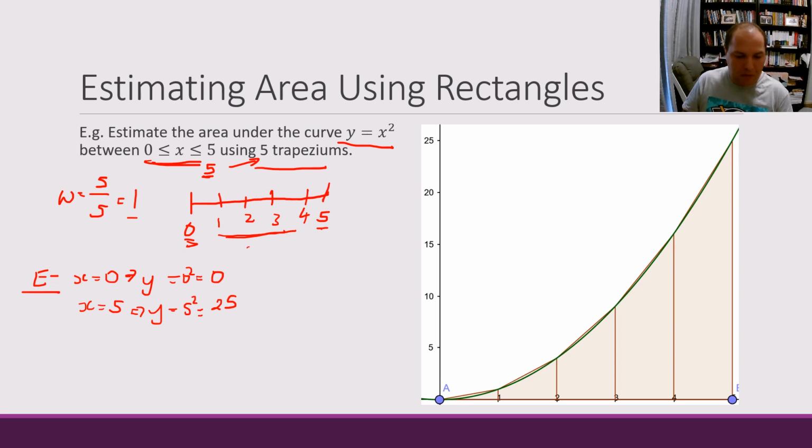Now, all my M values, I can see on my interval are in between 0 and 5, and these values are listed here. Now for a width of 1, it's pretty clear what all those values are that I'm going to use to substitute in and work out those heights. But when we start talking about maybe widths of 0.6 or 0.8, it might be a good idea to use this diagram to help make sure you're using the right numbers when you're substituting them in.